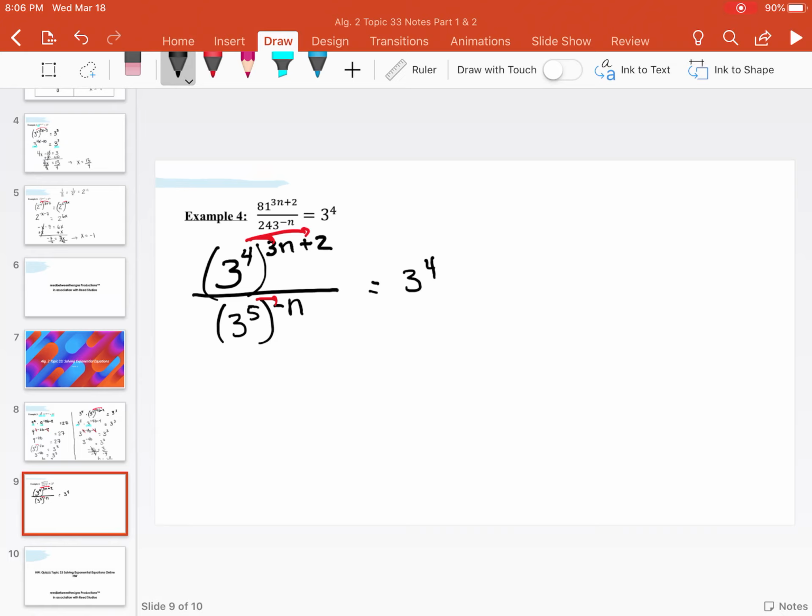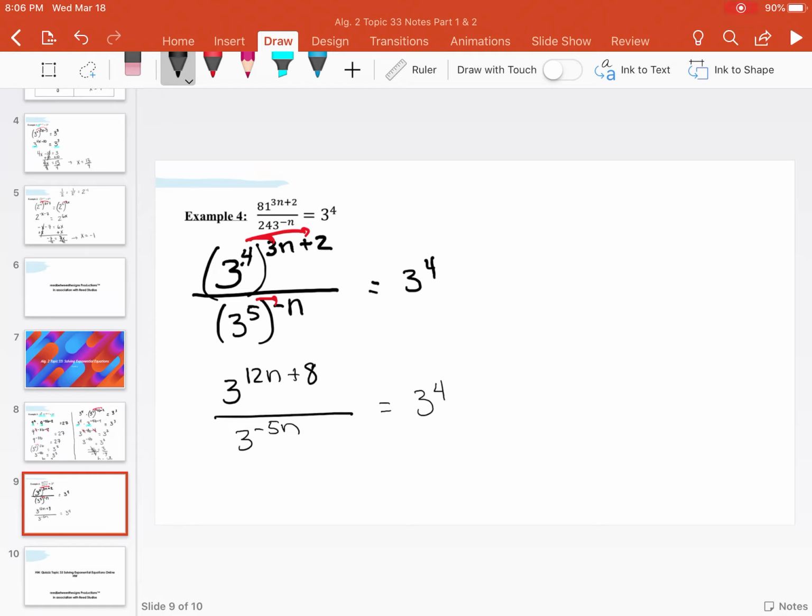So 3 to the 4 times 3n is 3 to the 12n. 3 to the 4th, and then plus that 2. So we get 3 to the 12n plus 8. 3 to the 5th raised to the negative n would be 3 to the negative 5n. And set that equal to 3 to the 4th.